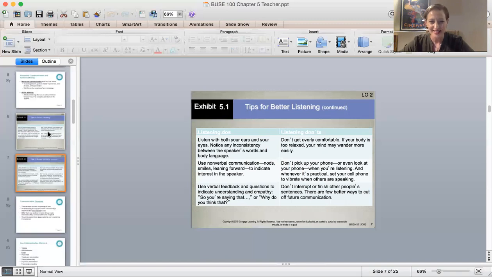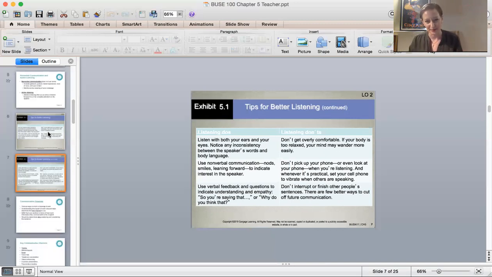Nod, smile, and like I said, lean forward. It's a great idea to use verbal feedback, use questions to show that you understand. Say things like, so what you're saying is this, or why do you think that? Just clarifying statements really show people that you care and that you're listening, and it helps you as well.